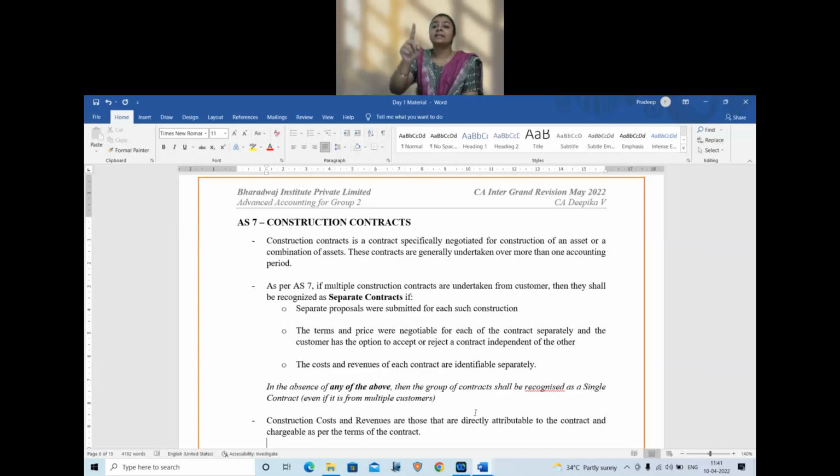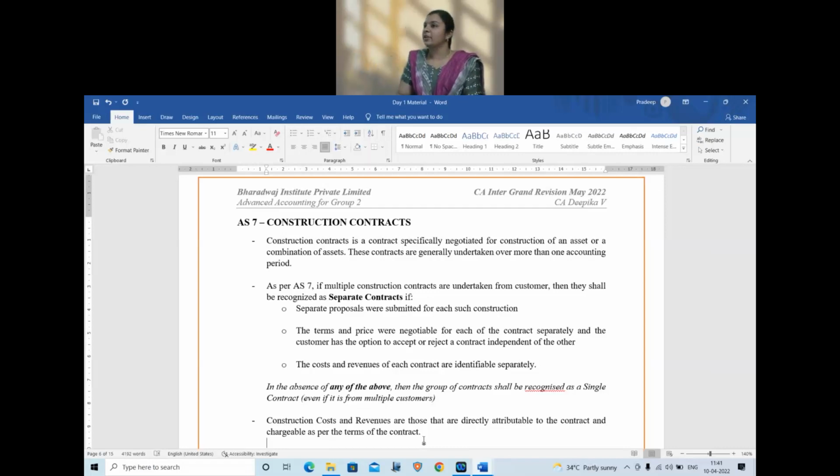Can I allocate that as construction cost? Yes, you can allocate it as construction cost, provided it is agreed under the terms of the agreement. So either it should be directly related to the construction, or, as per the agreement, if you are allowing allocation of cost, then that can be considered.